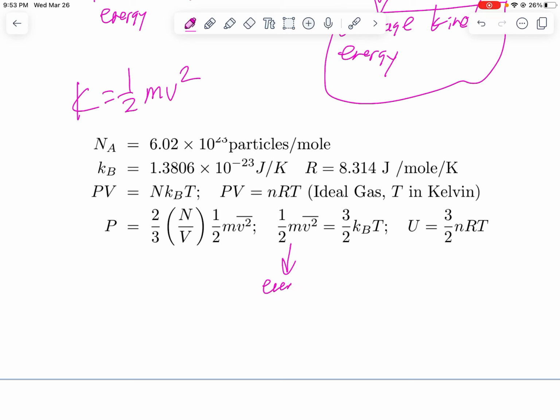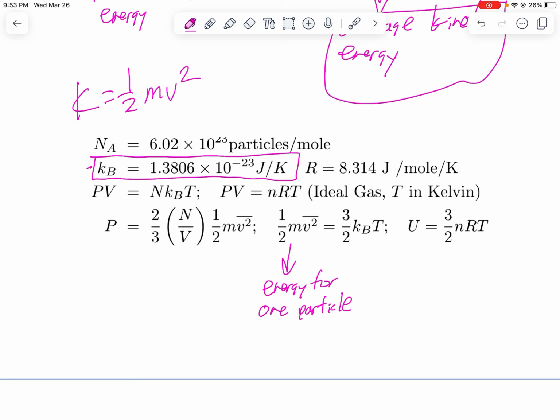So energy, it's an N, for one single gas particle, and that's going to be equal to 3/2 kB T. And this kB is the Boltzmann constant. You don't have to memorize what it is. You just have to know when to use it.